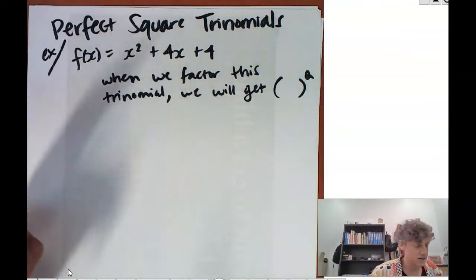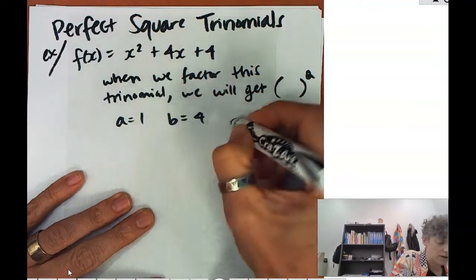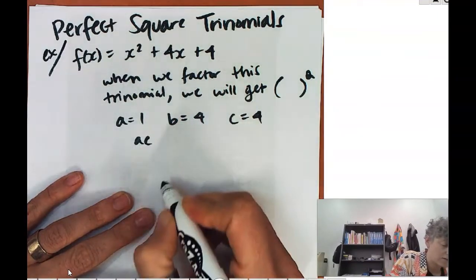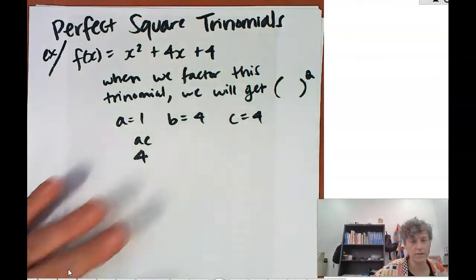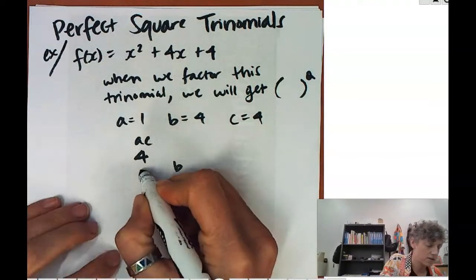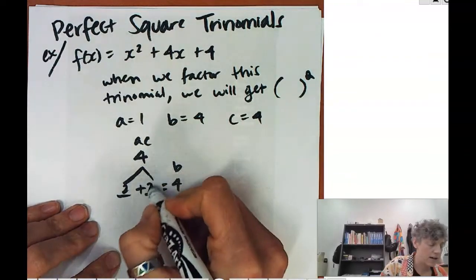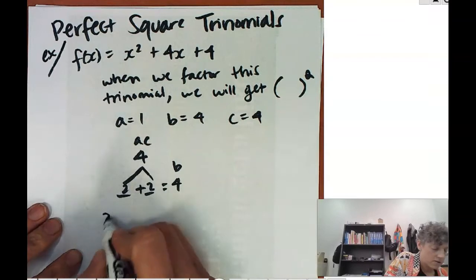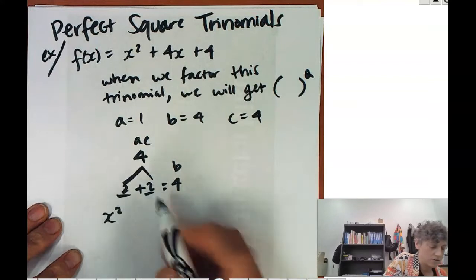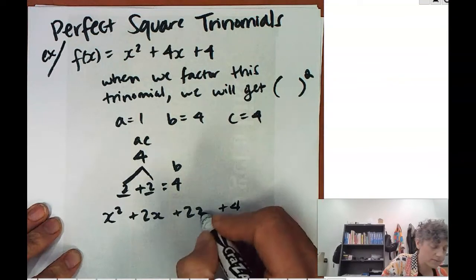What will we get when we factor this guy? Well, let's think about our A, C, B tree. A is 1, B is 4, C is 4, so A times C is going to be 1 times 4, which is 4. And our B value is 4, so two numbers that multiply to be 4 and add to be 4 happen to be 2 and 2. So we keep our first term, we split our middle term into 2x plus 2x, keep our last term, 4.